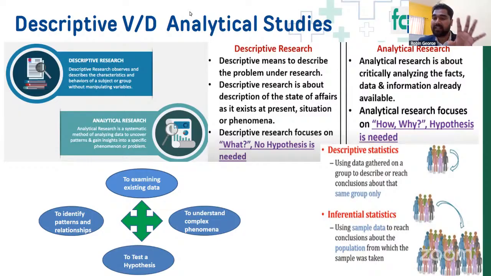See, in the scenario I have told, there are 1 lakh people in a village. Do you think it is easy to go and interview 1 lakh people? No. So instead, out of 1 lakh people, I am taking 10,000 people. I am conducting a survey on 10,000 people, and I understood that out of that 10,000, 2,000 people are obese, and out of that 2,000, 1,500 have diabetes.